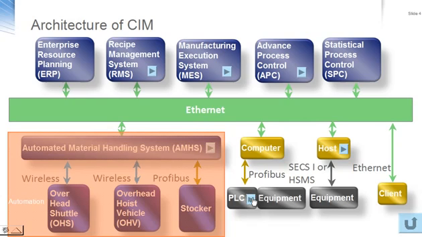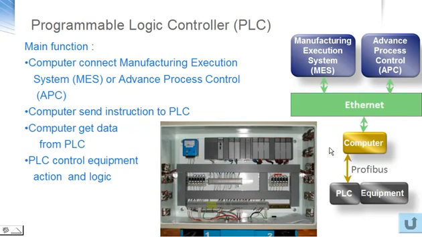And you can see the POC. The POC's main function is to connect a computer to the manufacturing execution system or advanced process control system or other systems. You can see using the computer to connect. The computer sends the instruction to the POC, and the computer gets the data from the POC.